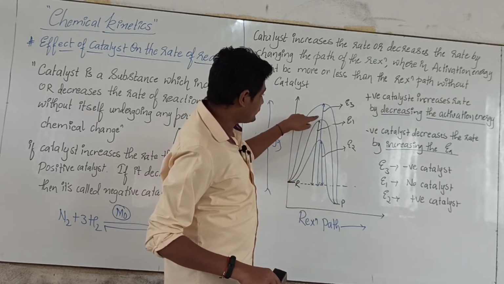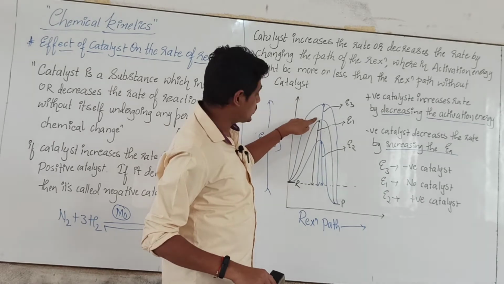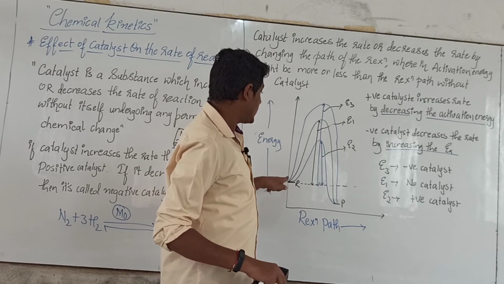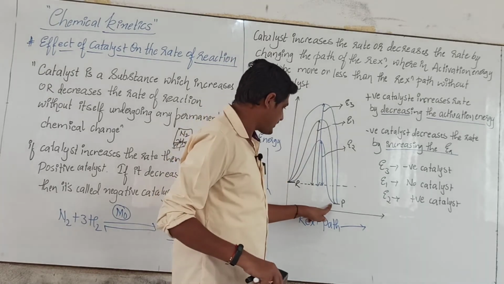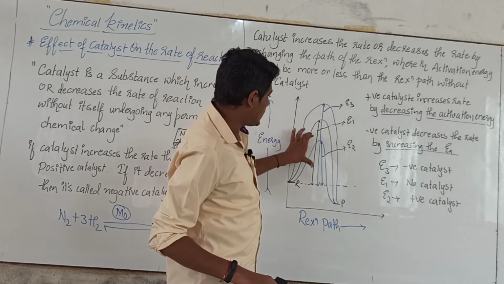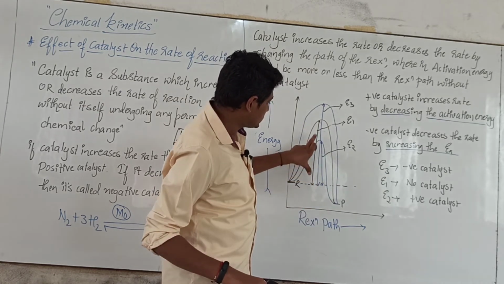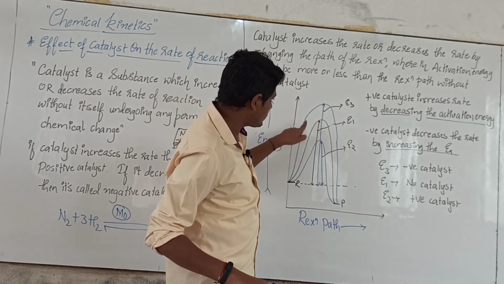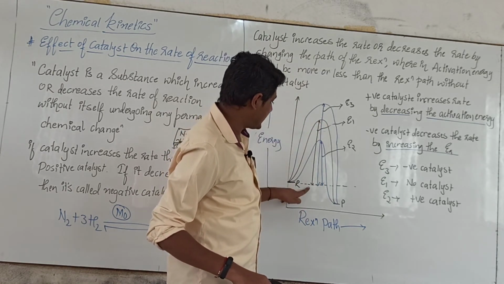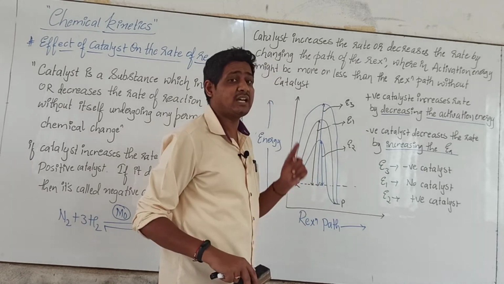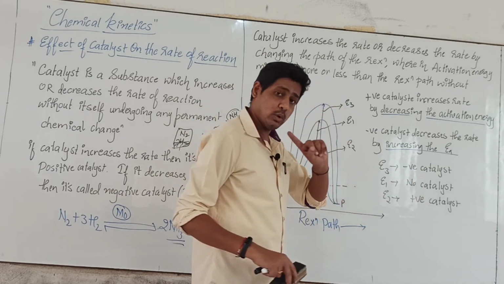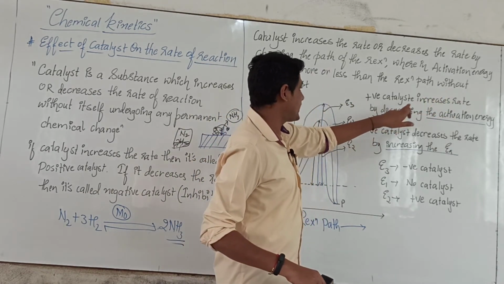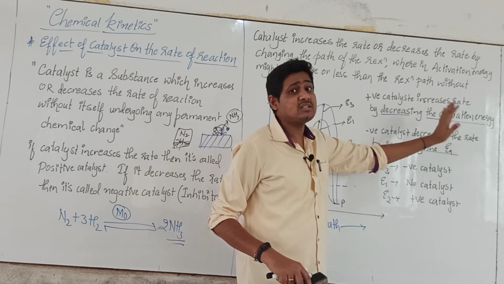Compared to the black color graph, wherein no catalyst is used, for E2 I am using a positive catalyst, and what is happening? The path remains the same, but now the activation energy is less. For the first reaction where no catalyst is there, activation energy is more compared to when I use a positive catalyst. So we say that a positive catalyst increases the rate by decreasing the activation energy.